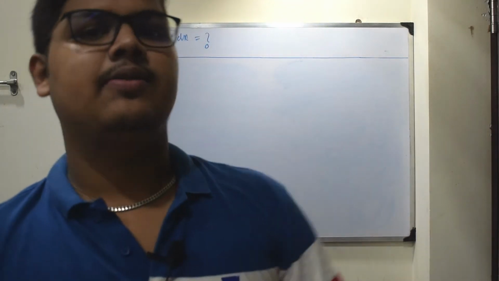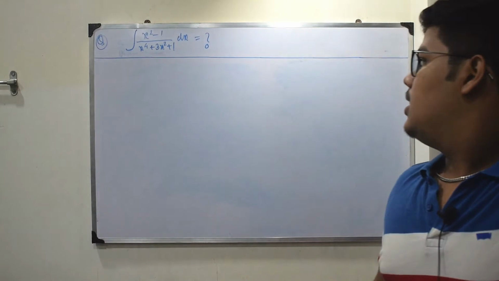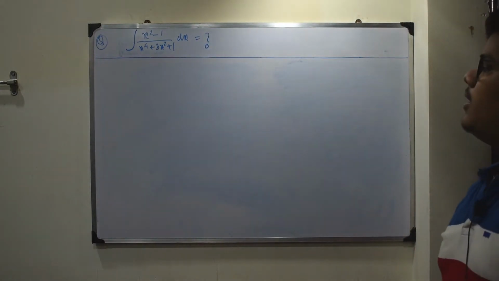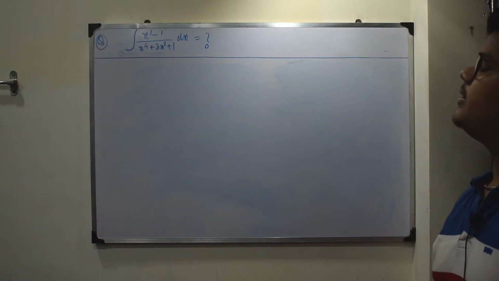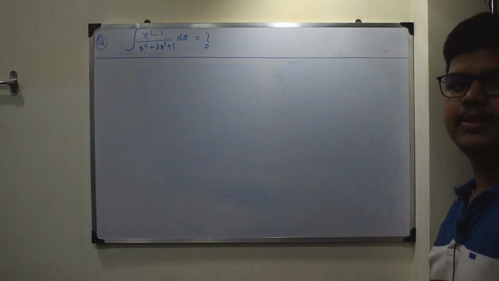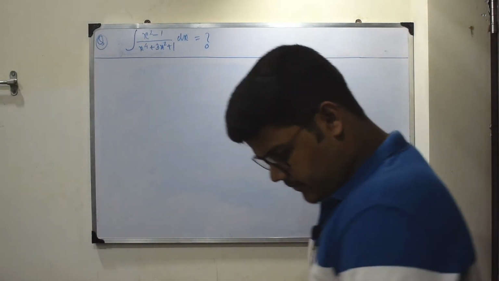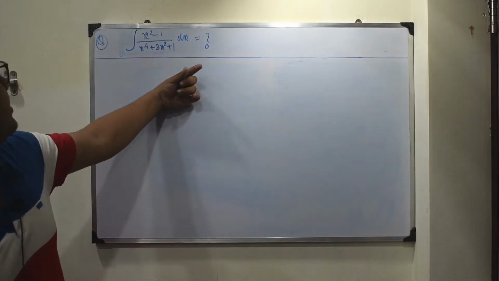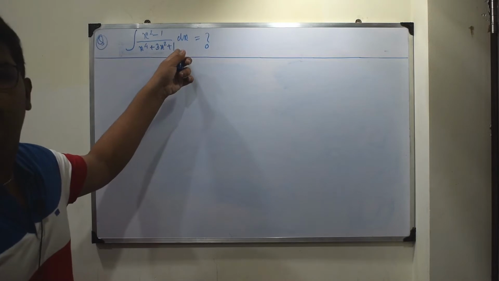Coming back with this question, it is given: integral of x square minus 1 upon x to the power 4 plus 3x square plus 1 dx. This is also a question from integration itself. Now we can see it is quadratic upon biquadratic.